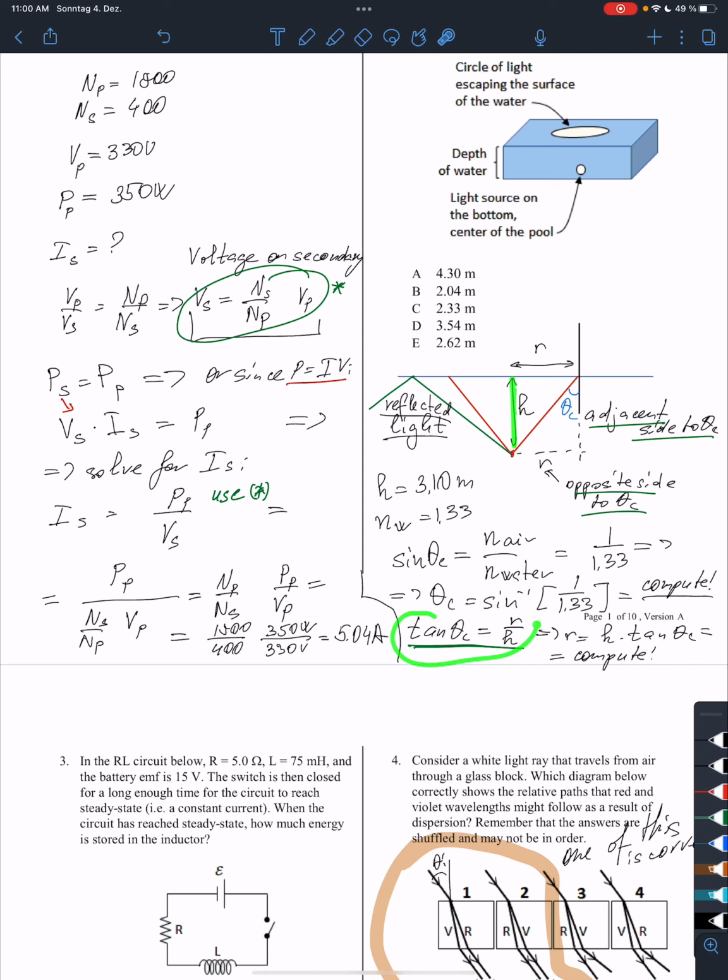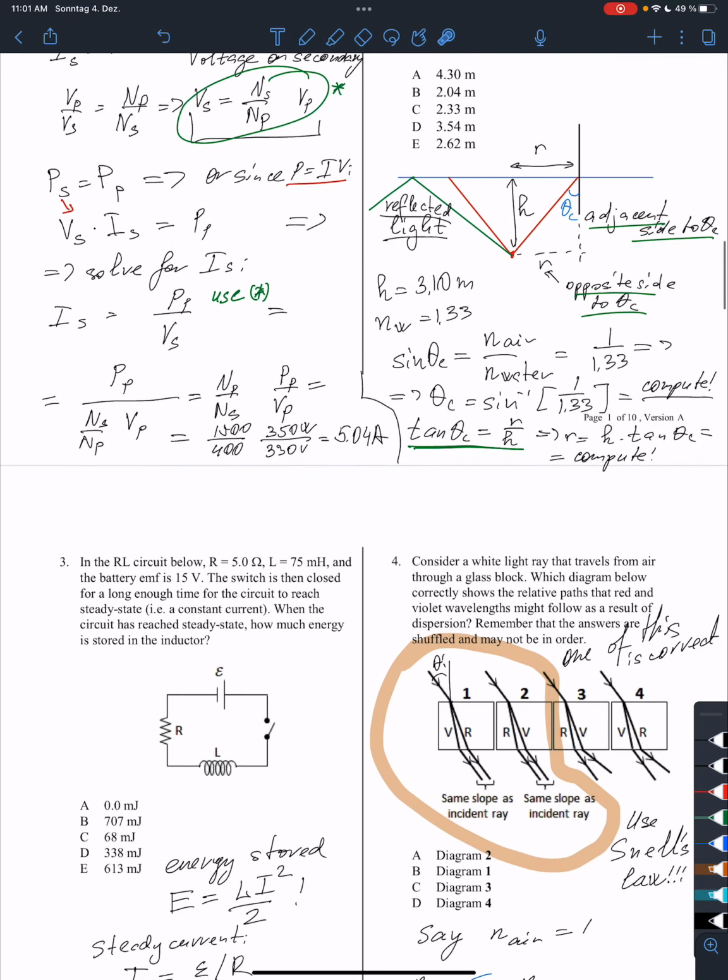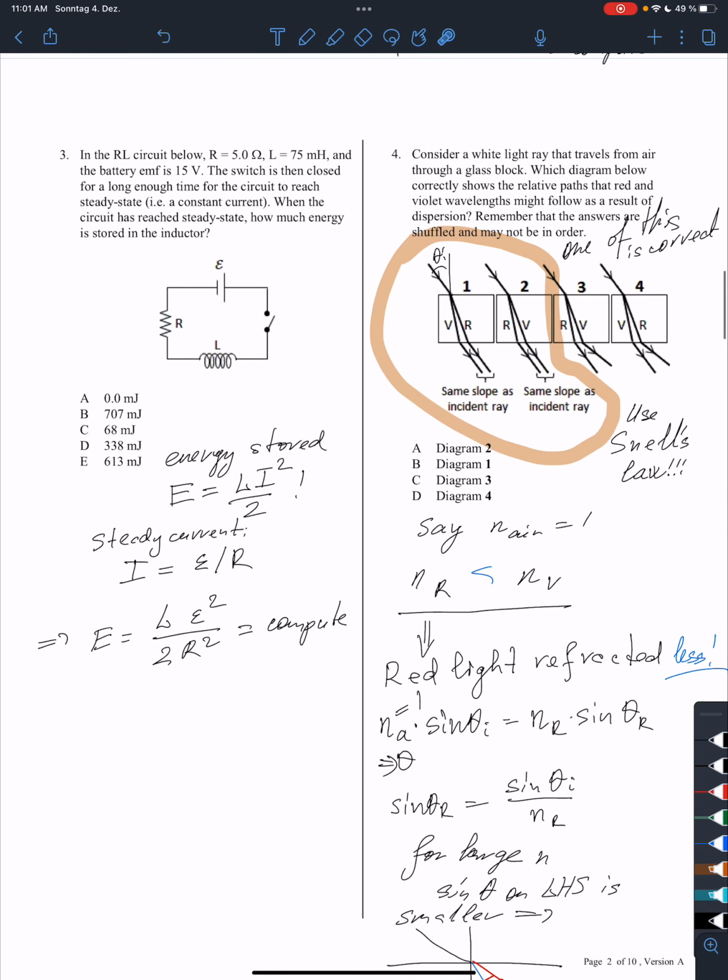So from that, and theta c, we found already its number, remember that. So what we need to do, we need to solve this for r, and r will be h times tangent of theta c. We can just substitute the numbers we obtained and what we know about h, get the final result, and then cross-check it with our key. Okay, number 3, I will give you a chance to read this one.